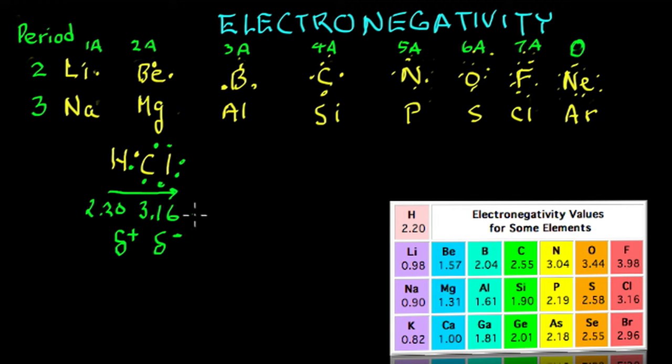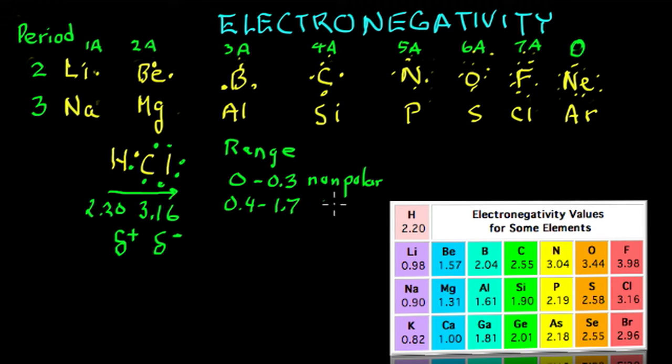When you're in a range of the differences from 0, no difference, to about 0.3, these compounds are generally considered nonpolar. When you get above 0.3 and up to about 1.7, you have polar molecules, covalent bonding.